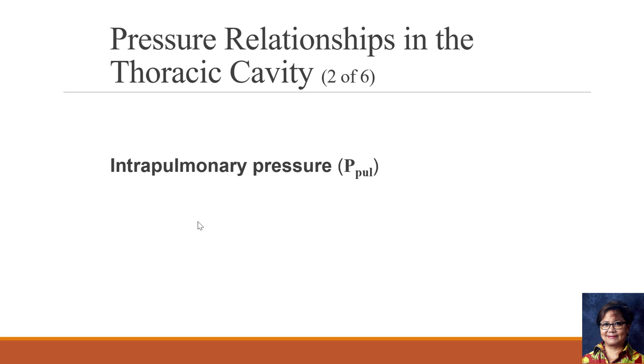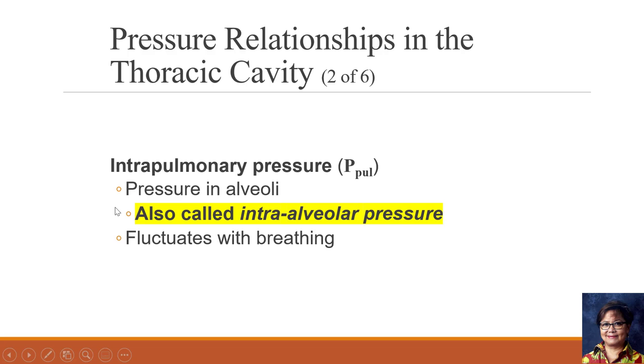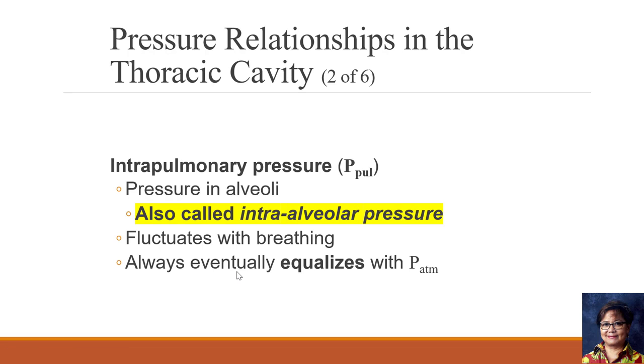Let's take a look at what intrapulmonary pressure is. It is the pressure inside the alveolar sacs, also known as the intra-alveolar pressure. It fluctuates when we are breathing, but it always eventually equalizes to the atmospheric pressure.